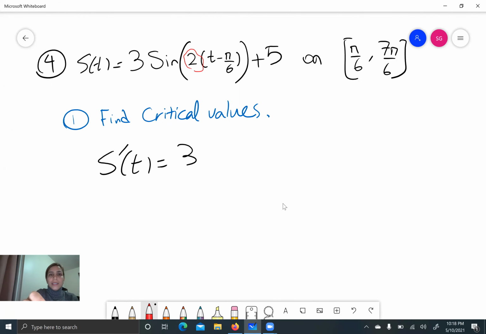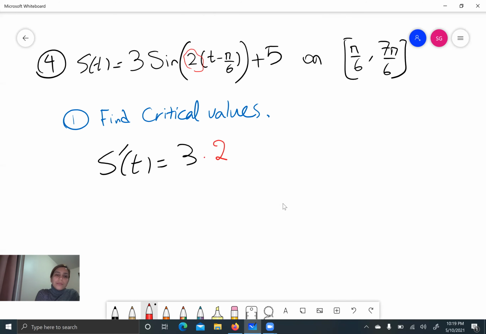The chain rule says first take the derivative of the inside. The derivative of the inside is 2. Imagine you have 2x. What is the derivative of 2x? It's 2. Here you have 2t minus pi over 6, the inner function.